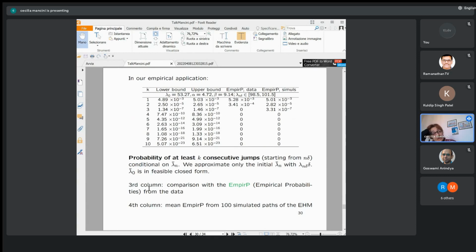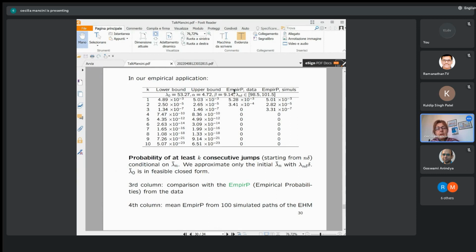So our empirical application produces this table where we can see the upper bound and lower bound for the probability of at least k consecutive jumps starting from n delta, conditional on lambda tilde n. So in the table, we see the bounds.